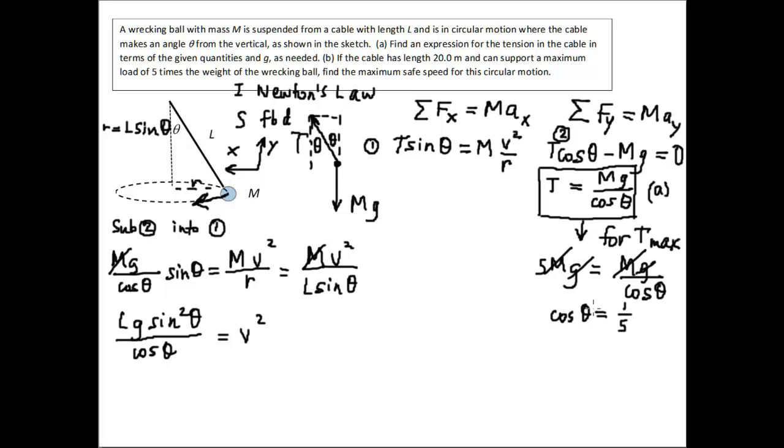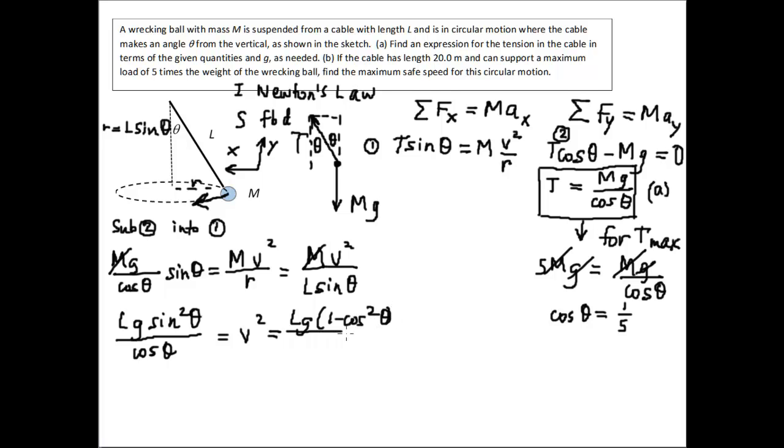And I don't even need to evaluate theta, because you'll see in just a minute how that expression is going to allow me to find the maximum value for v. So in order to get everything as simple as possible trigonometrically, v squared can be written as Lg, and then remember sine squared theta is 1 minus cosine squared theta.